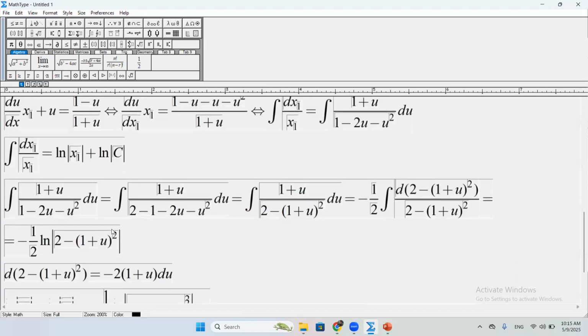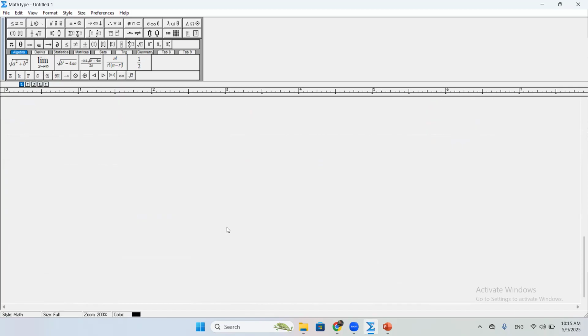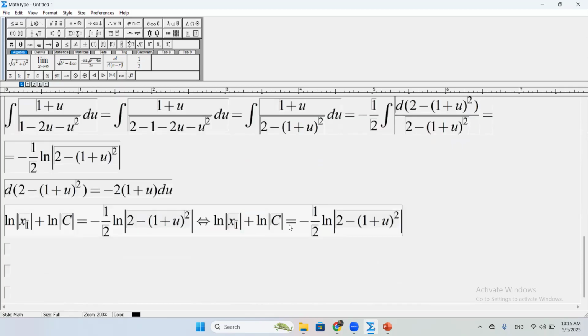So now we will return to old variables. So logarithm of module f plus logarithm of c. And by the way, we can even remove the logarithm from here. So first of all, let's do this.